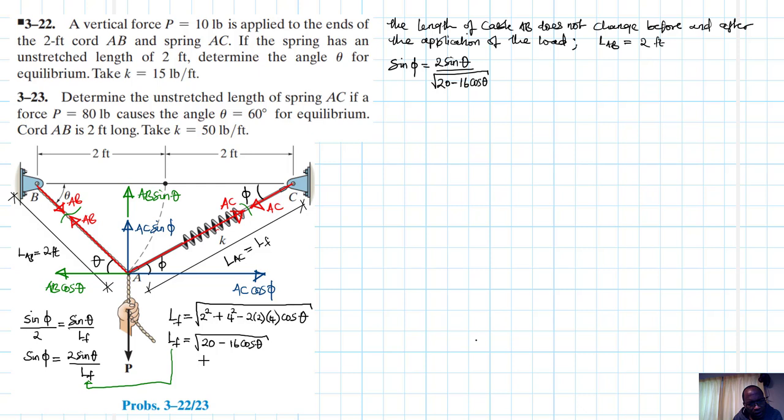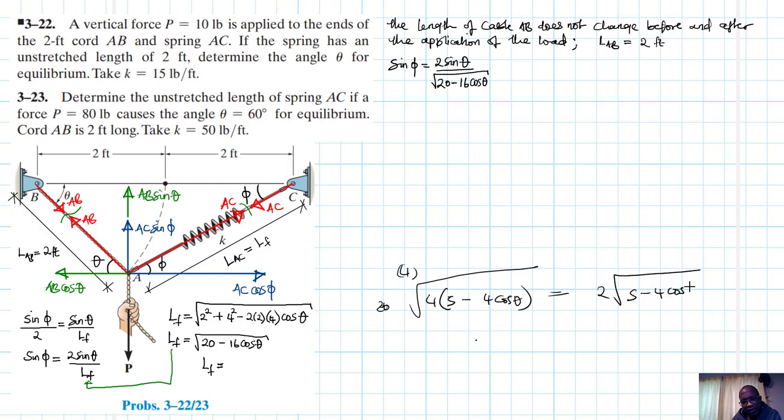So we can rewrite L final and simplify it further. We can factor out 4, there we have 5 minus 4 cos theta, and this becomes a 2. So L final is equal to 2 root of 5 minus 4 cos theta.